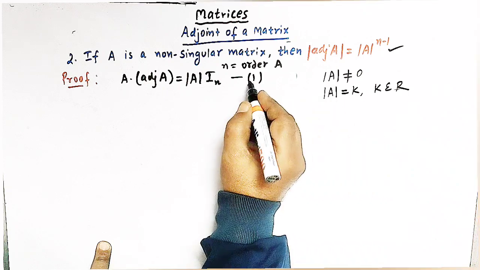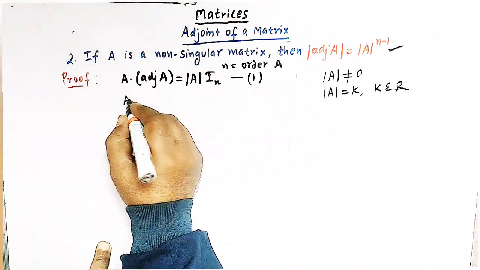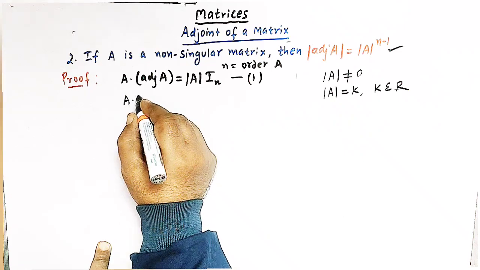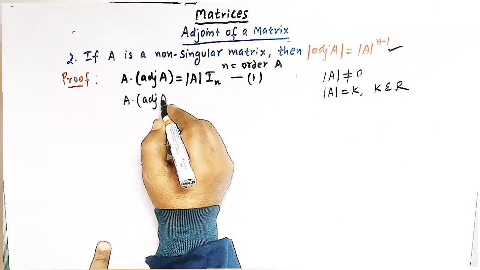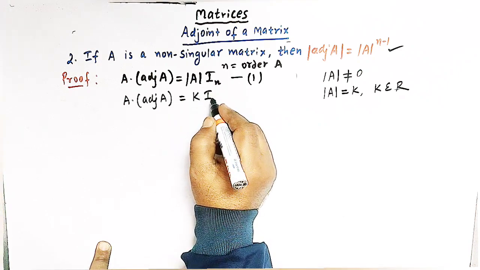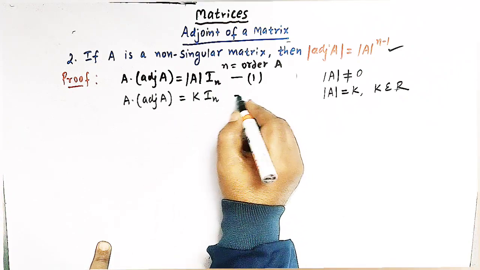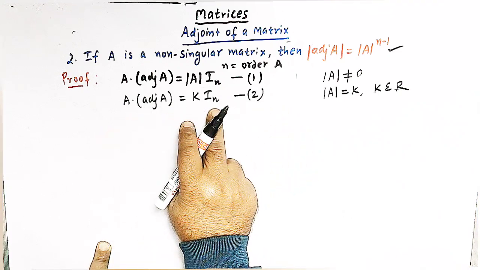So now we can write equation 1 as the product of matrix A and the adjoint of A is equal to K times the identity matrix of order n. So now we have this matrix equation.